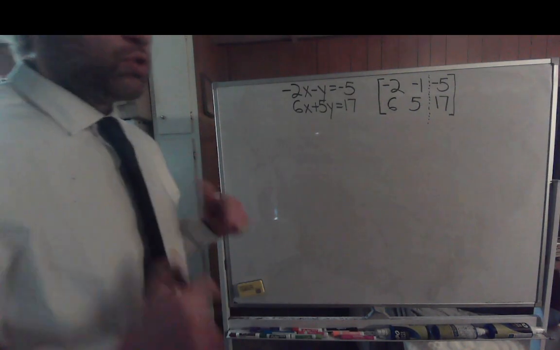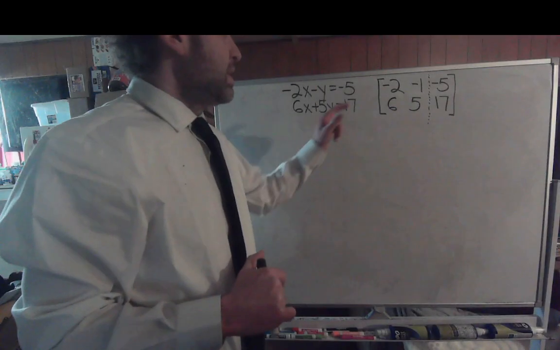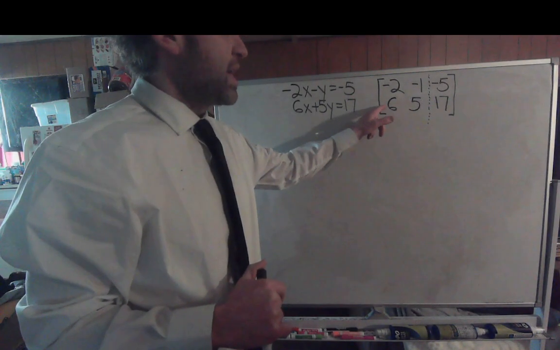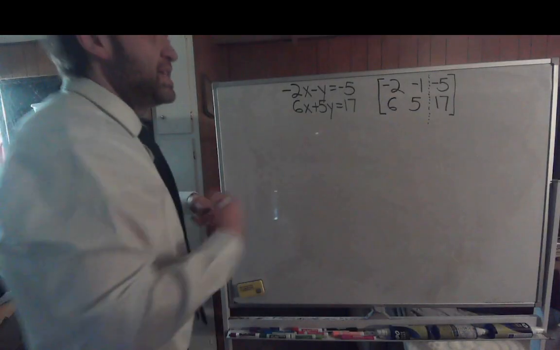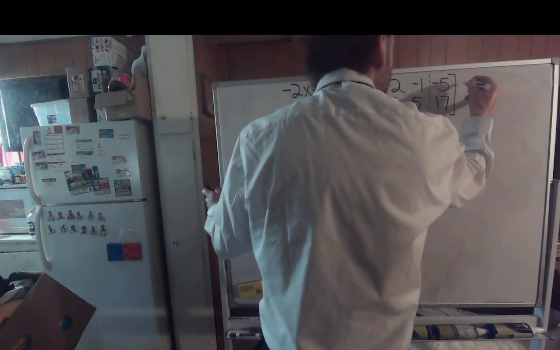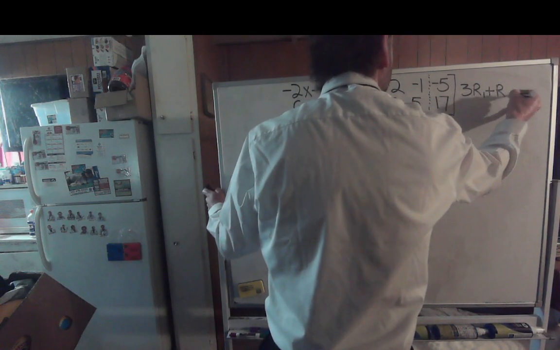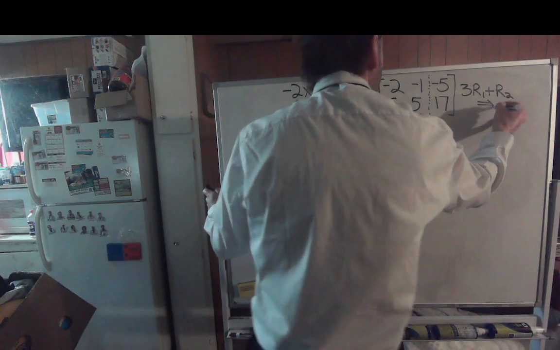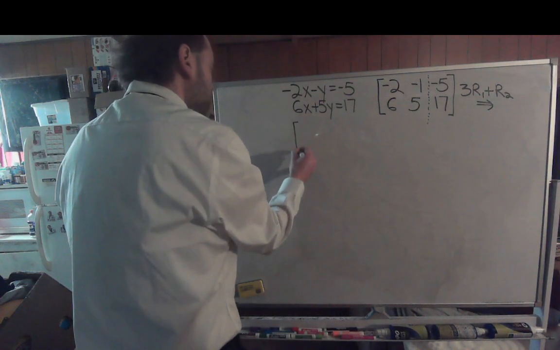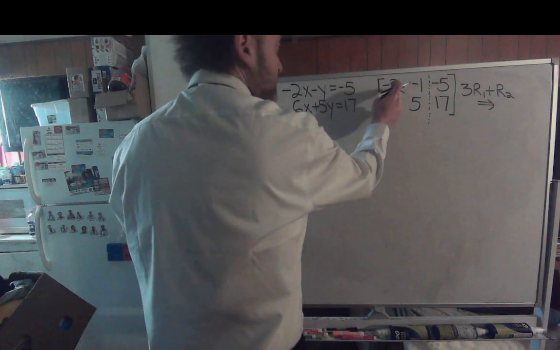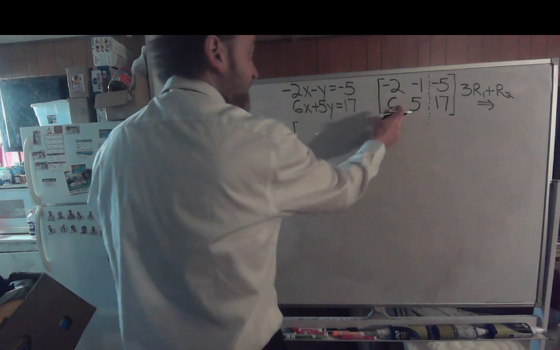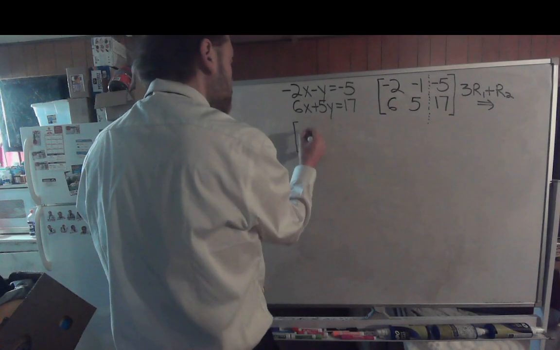Now the first goal, of course, is to make that first digit in the second row become 0. So if I take 3 times row 1 and add that to row 2, I can make that happen. Alright, so 3 times -2 is -6. Add 6 to that, you'll get 0. Whoops, hold on.